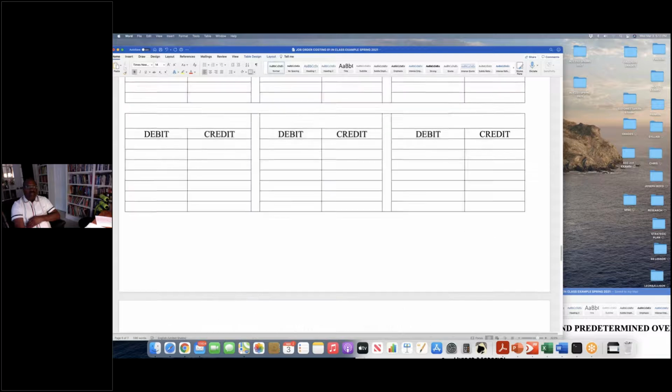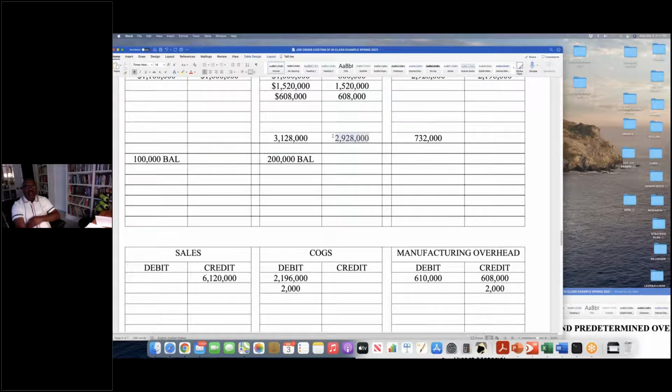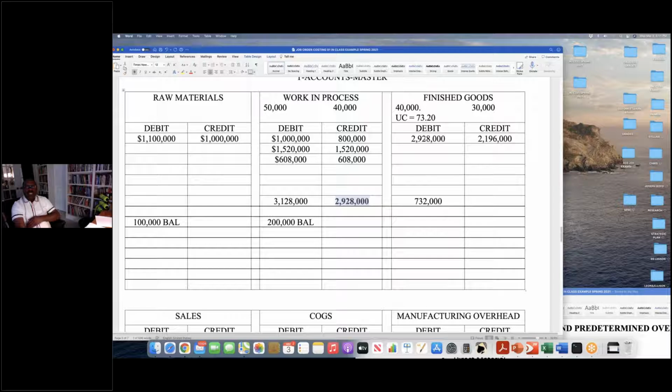We saw the 2,928,000 here, and we see it again here. So what does that tell you?